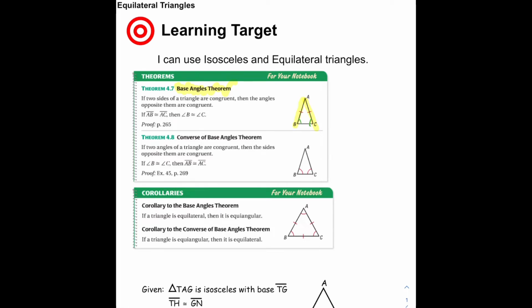And then the converse, again, working backwards, if the angles that you see here are congruent, then you know that the sides opposite them are also congruent. So again, that's going to equal that. So we can use these to help us prove things, simplify. And so this is for an isosceles triangle.